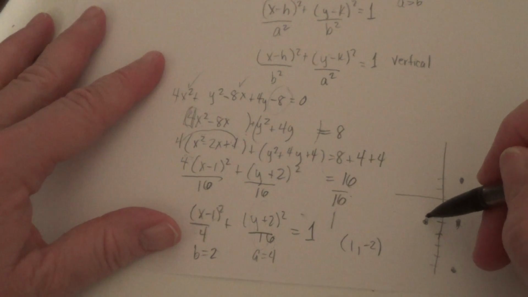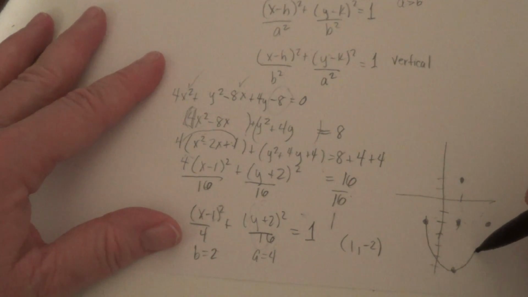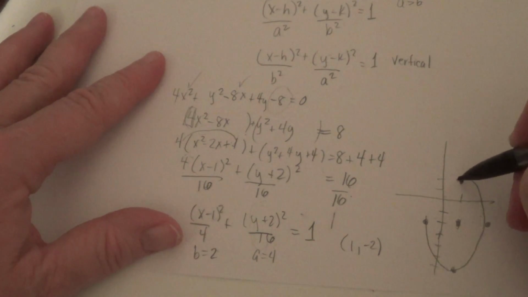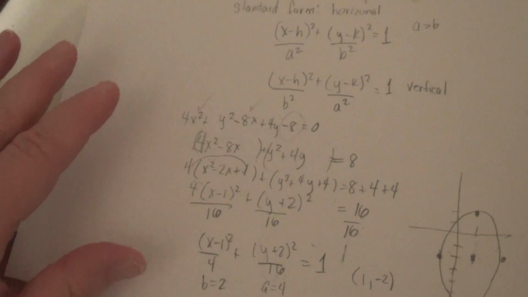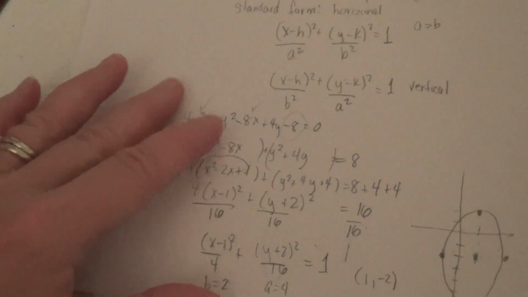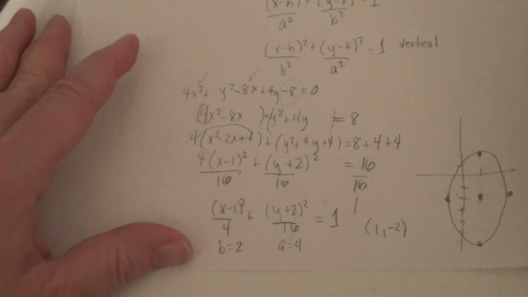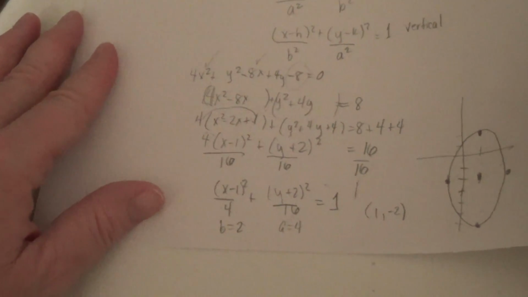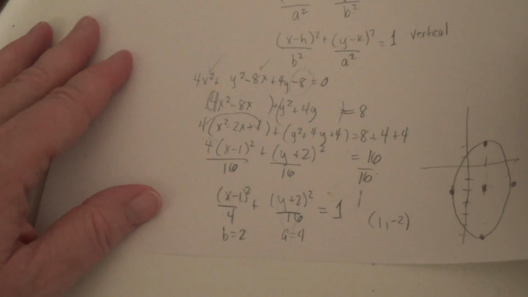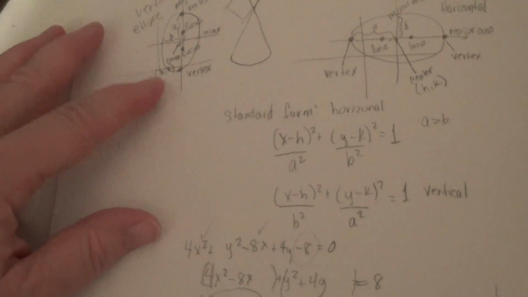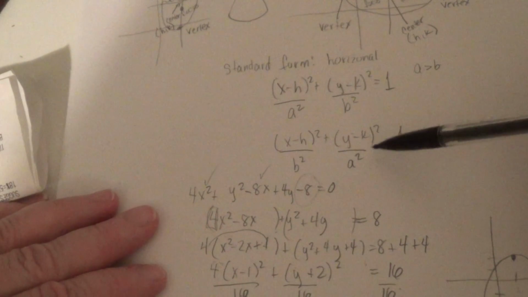So that's enough to get a rough sketch of the ellipse. It's a vertical one, and I can come up with these points should I be asked to. Alright, so that's an example of how you graph an ellipse from standard form.